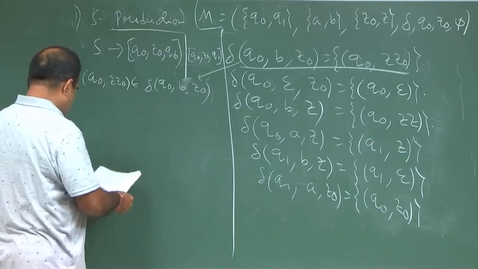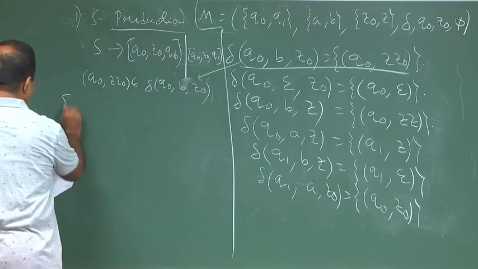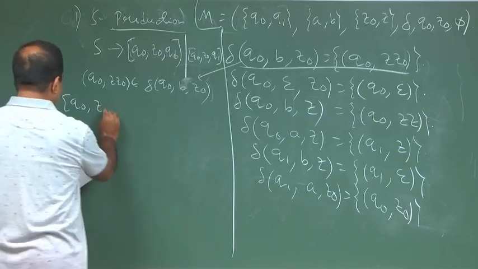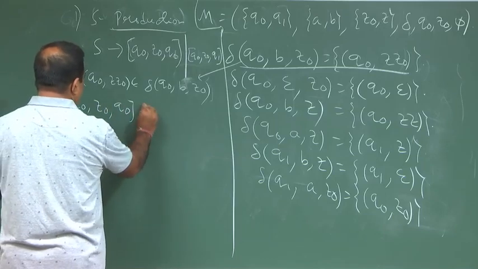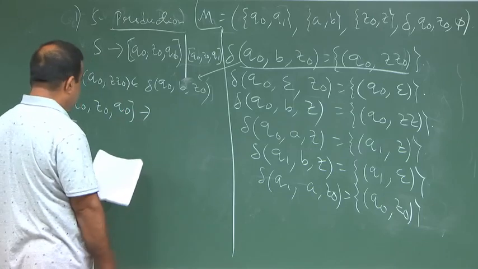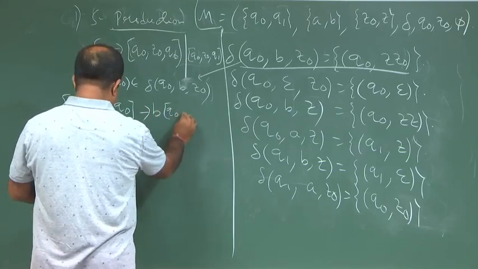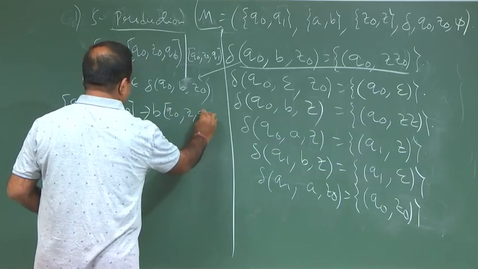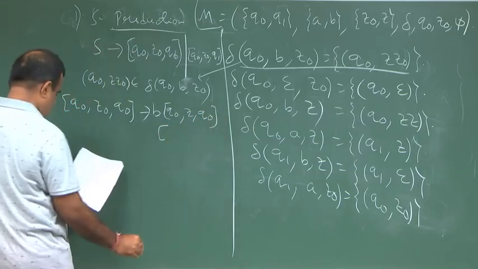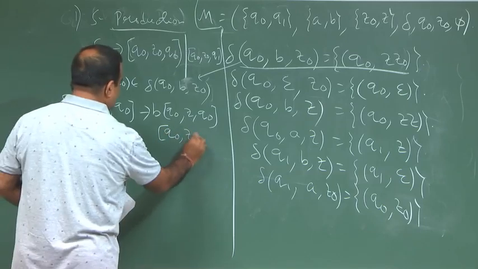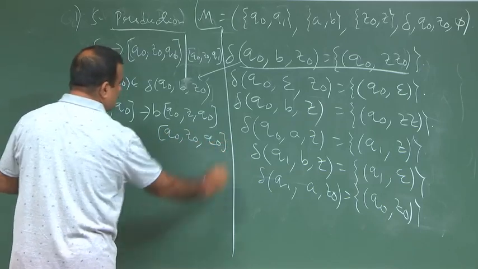So, this will give us this rule: q0, z0, and q0 will go to all possibilities. The b is here, b of q0, z, q0 along with q0, z0, q0.